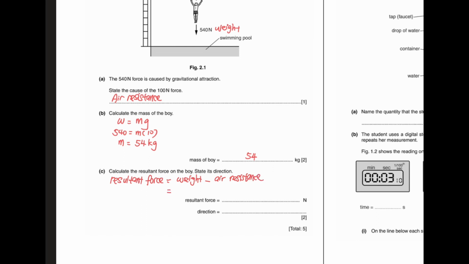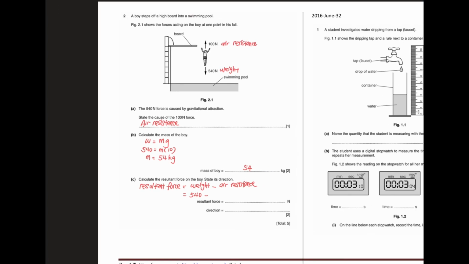So the weight is 540, the air resistance is 100, so you end up with 440 Newton. So the answer, resultant force 440 Newton. The direction is downward, because the boy is going down, so that's why downward.